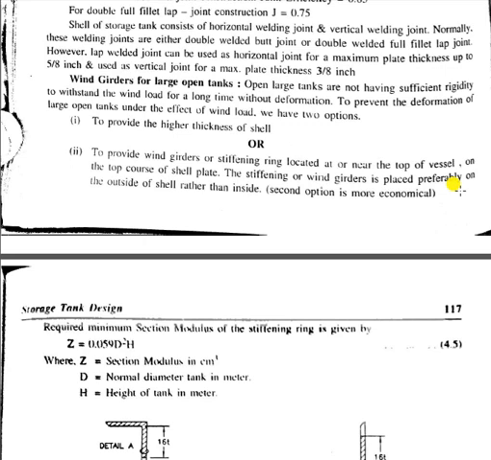Large open tanks do not have sufficient rigidity to withstand the wind load for a long time without deformation. So to prevent the deformation of large open tanks under the effect of wind load, we have two options. First, to provide a higher thickness of the shell, or to provide wind girders or a stiffening ring located at or near the top of the vessel.